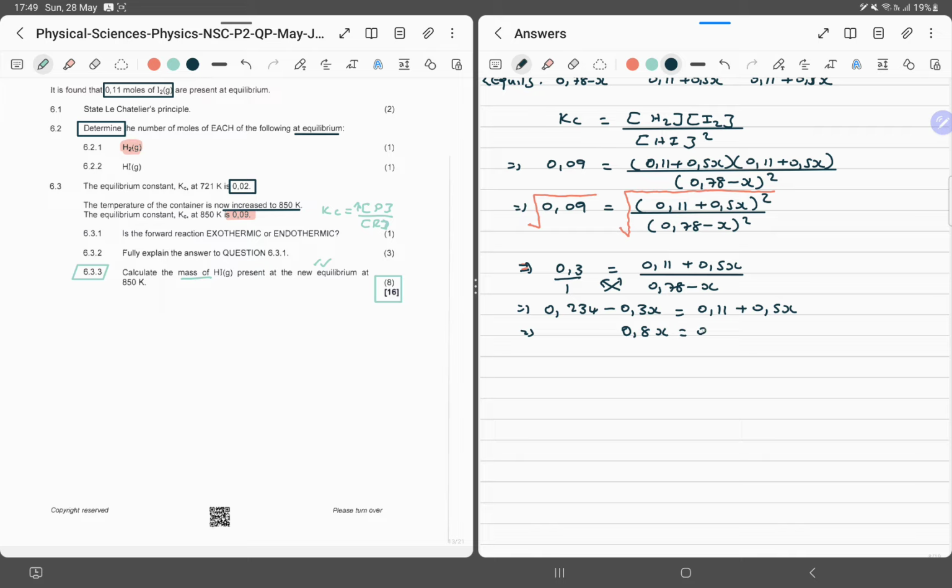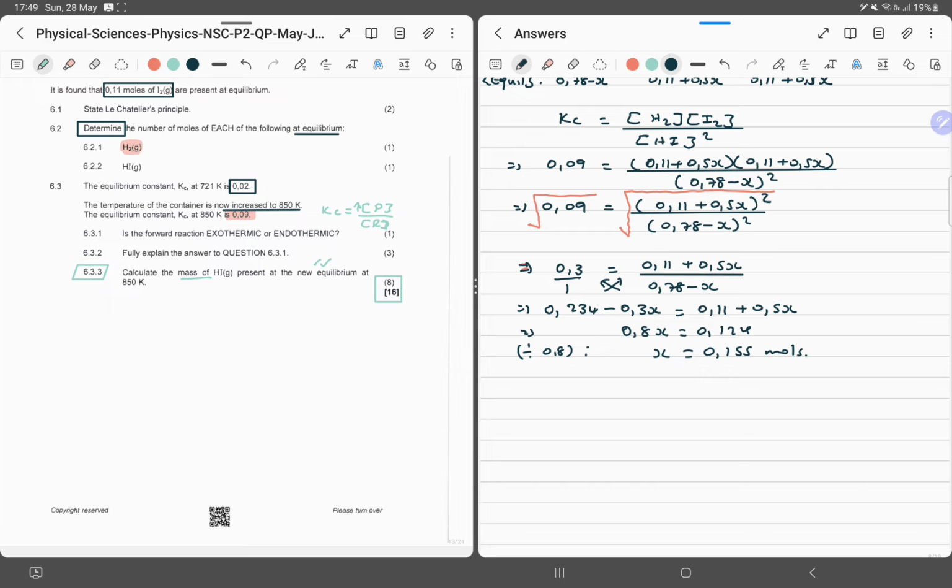So this gives us 0.124. Therefore, we divide by 0.8 on both sides. It means our x is going to be 0.155 moles. Okay, because that was the change. All right, okay, all right.